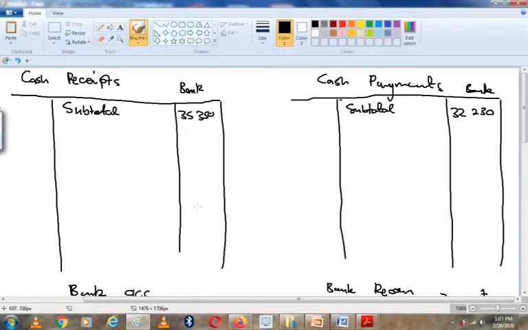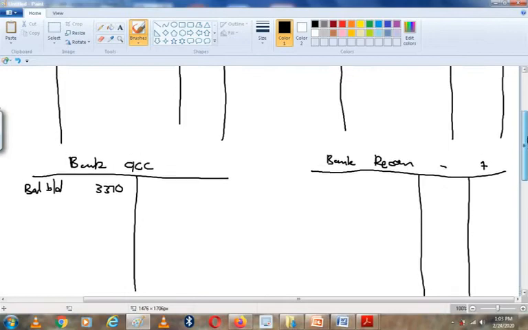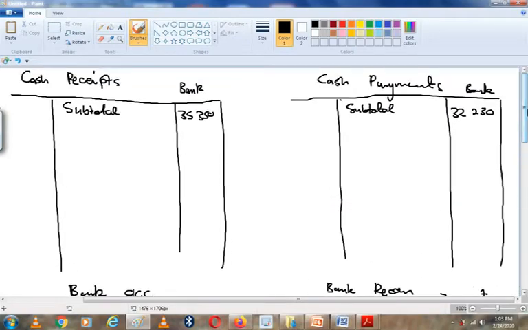And in the cash payments, all payments made by the organization as cash, we record them there. So the idea is a transaction is recorded in the cash receipts and cash payments, and also in the bank recon. The idea of the bank reconciliation is to reconcile what we have recorded in our books and what the bank has.